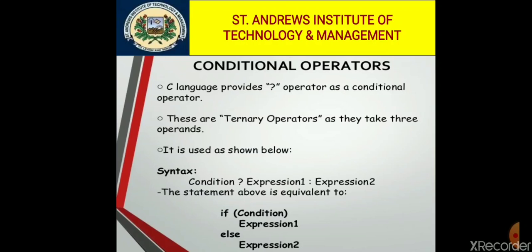Syntax is given: condition question mark expression 1 colon expression 2. In a similar way, the statement above is equivalent to an if-else condition: if the condition to be tested is true, expression 1 is evaluated, else if the condition is false, expression 2 is evaluated.